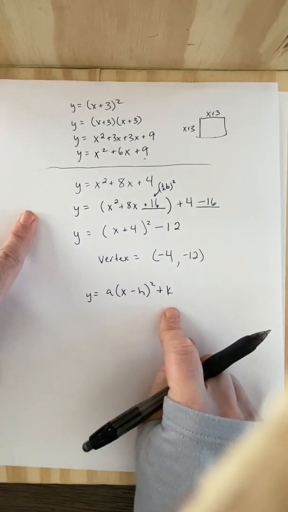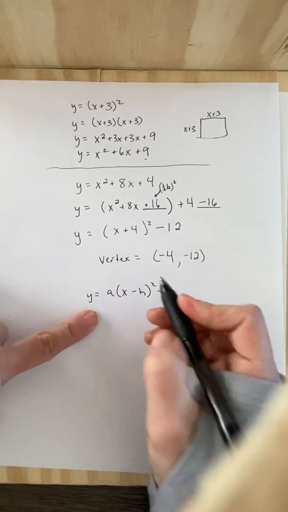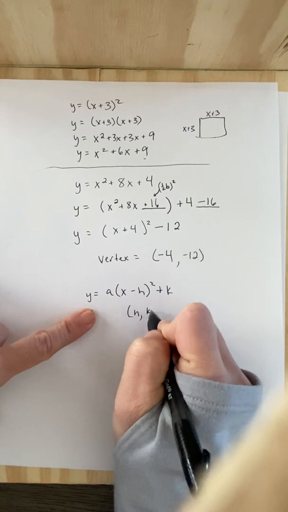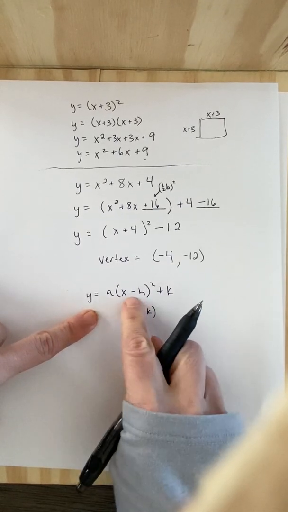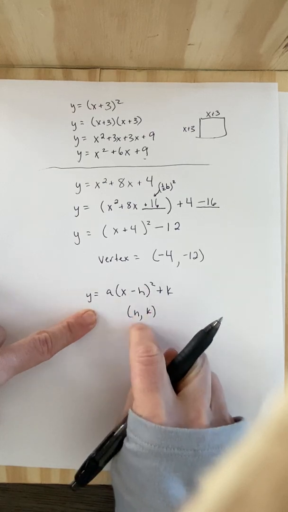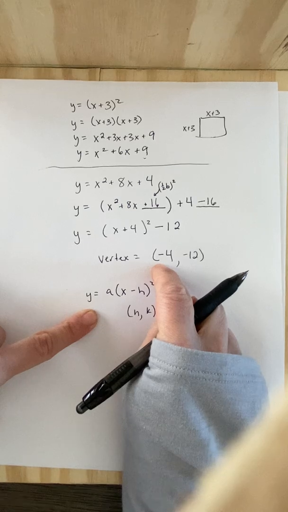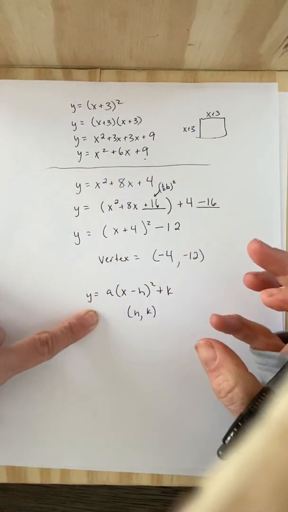This is what the general form is in textbooks: a times x minus h squared plus k, where h, comma, k is our vertex. Notice it's minus h, so that's why we get that opposite situation happening. This was plus 4, so that's going to be the opposite. That's how you get to vertex form.